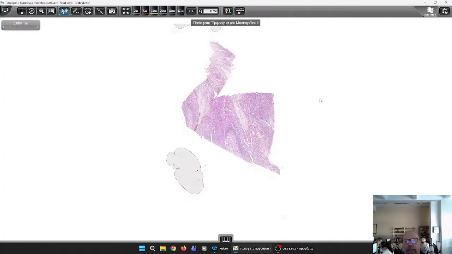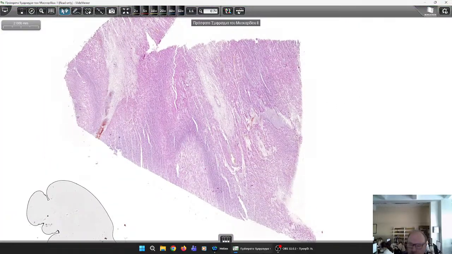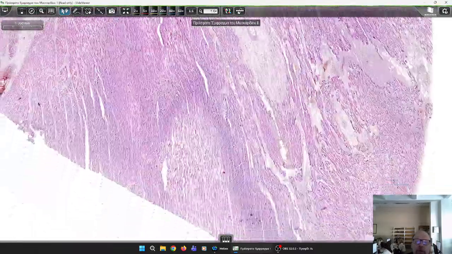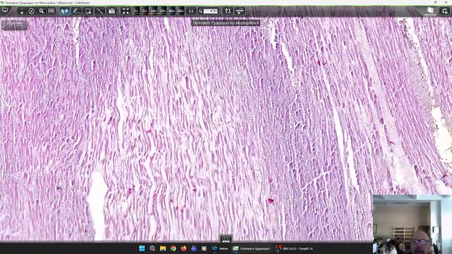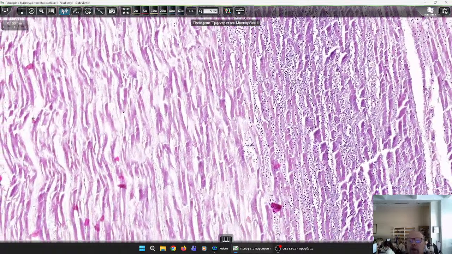Now we'll have a look at the consequence of the previous slide lesion, the atherosclerosis being complicated and the acutely thrombosed coronary artery. So we see the place of coagulative necrosis in the heart, namely the infarct. Pay attention here. All these myocardial fibers are necrotic.